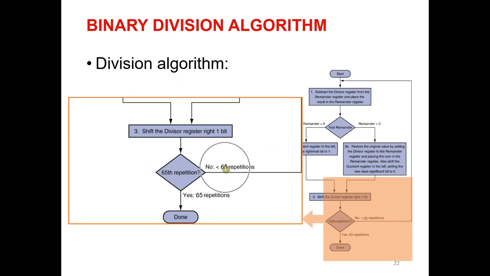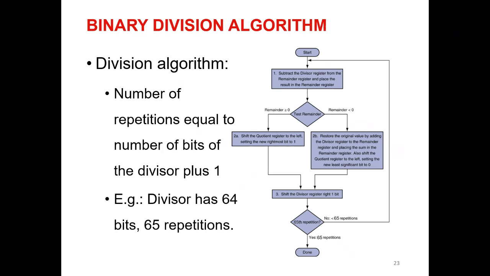So the number of repetitions is equal to the number of bits of the divisor plus 1. With the multiplication, we only needed the number of bits of the multiplier, but in this case we are adding 1. For a 64 bits register, we need 65 repetitions.